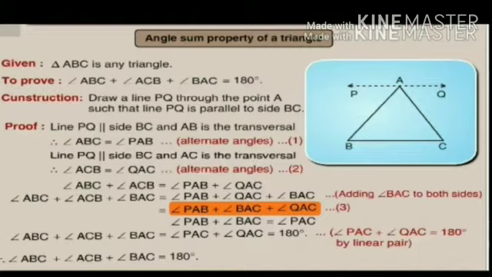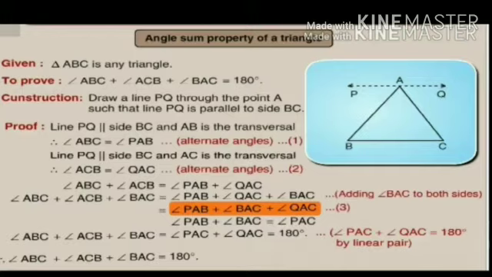That is, angle A plus angle B plus angle C is equal to 180 degree. Now let us draw a construction. Draw a line PQ through the point A such that line PQ is parallel to side BC, as you can see in the diagram. Now let's see the proof.